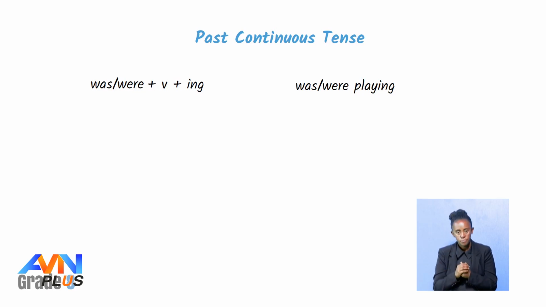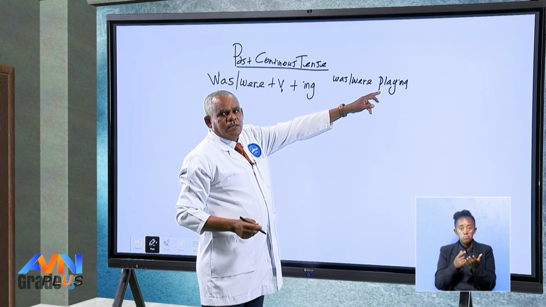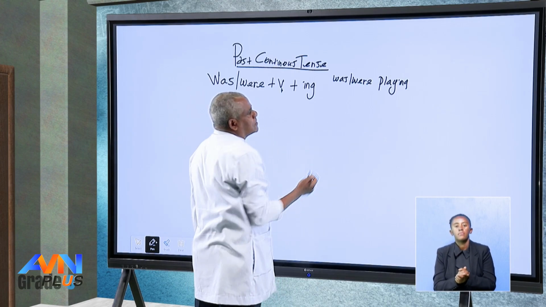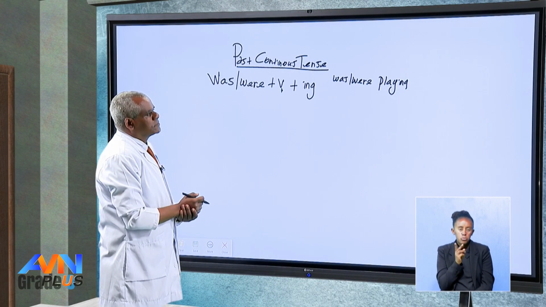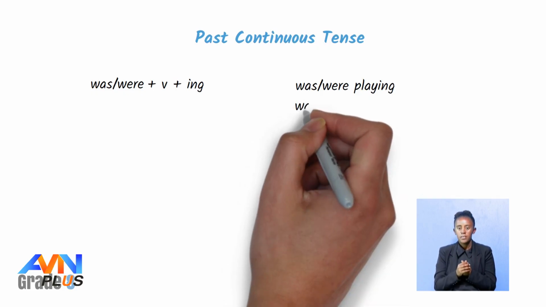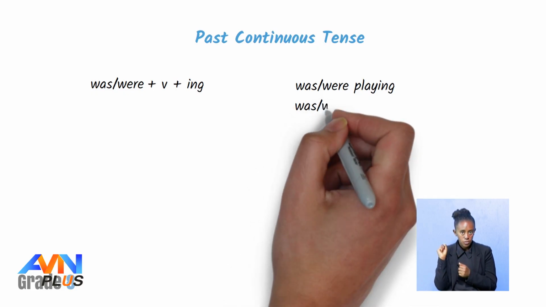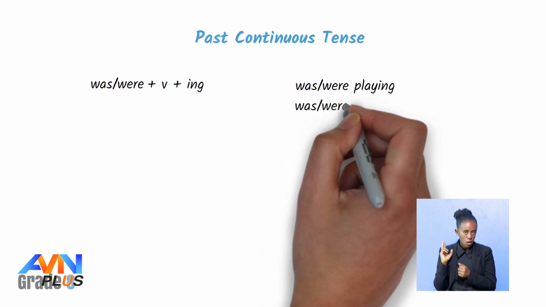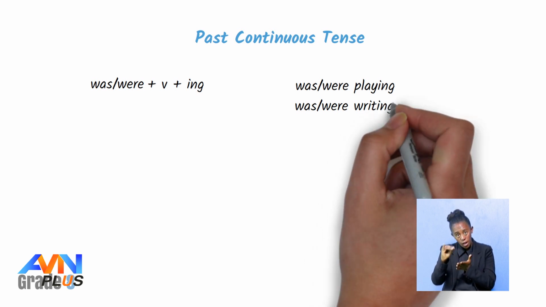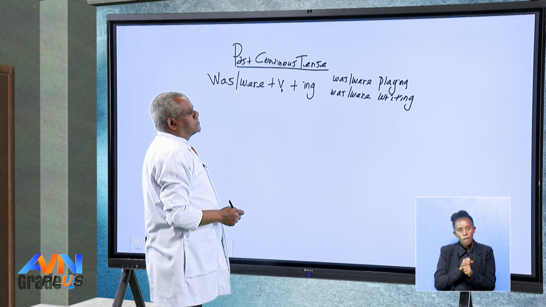Here is the meaning: verb 1 is play, and ing must be added. Was or were playing. Again, was or were writing. If you are doing this, your form is like this, you are correct.